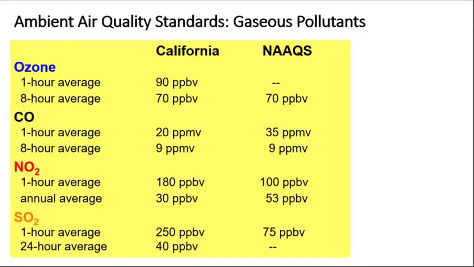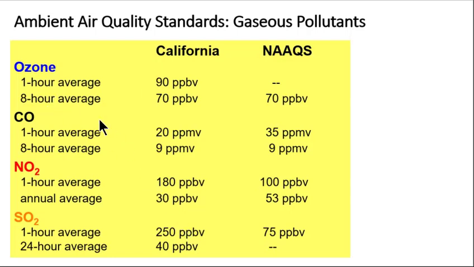The NAAQS and California air quality standards are listed here for the gaseous criteria air pollutant species. You don't have to memorize the precise values in this table, but rather familiarize yourself with the main concepts. As seen, there are two parts to a standard for a given species: the concentration level and the averaging time.